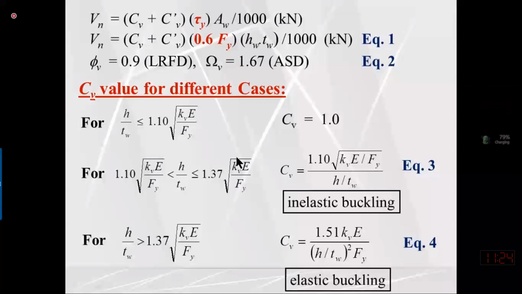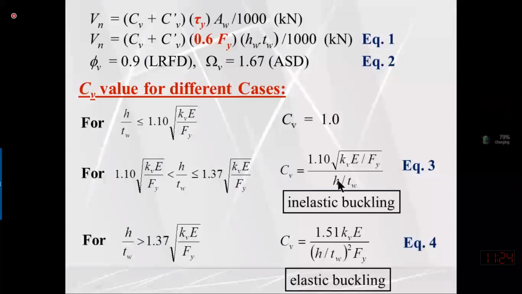In that case, CV value will be determined by this equation 3, which is 1.1 times under root kV into E over Fy divided by lambda W. Lambda W is the ratio between height of the web to the thickness of web.